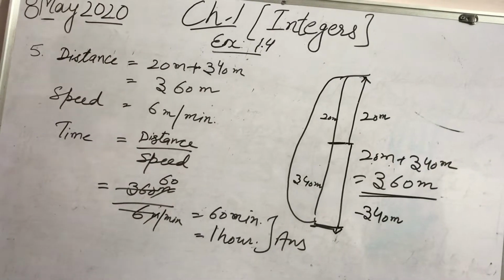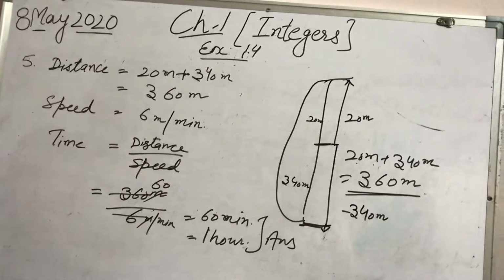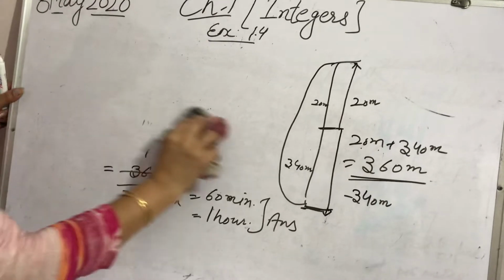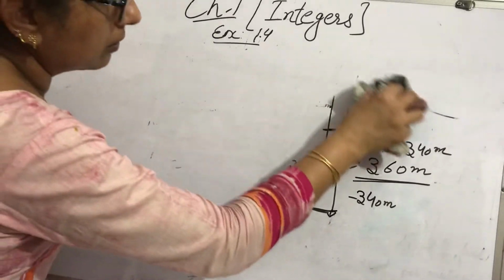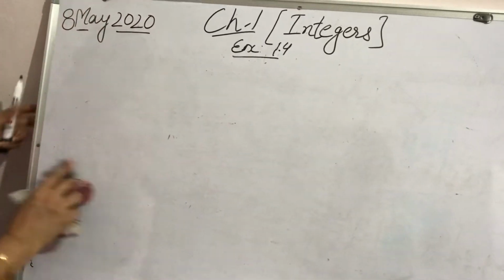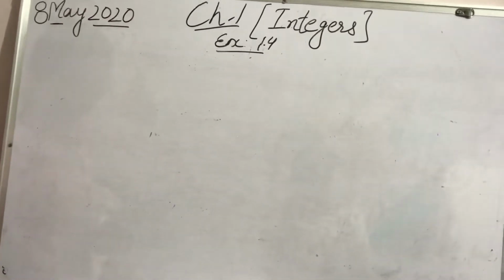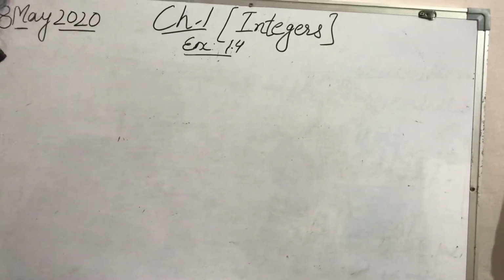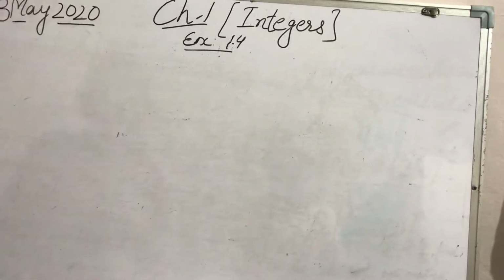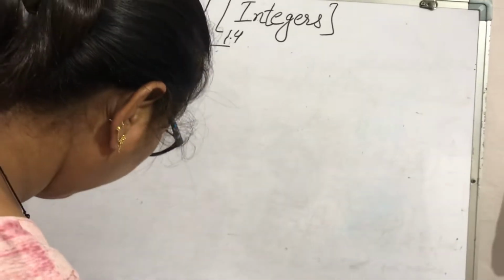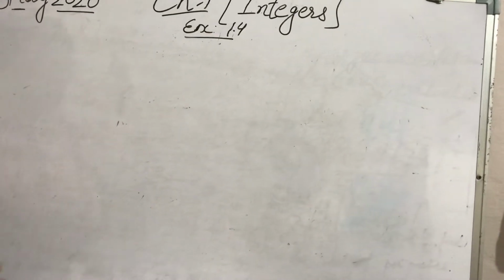So next, question number 6. Sixth question. Rajan had rupees 6,000 in his bank account on a particular day, and a week later he deposited rupees 1,500, and next day he had to withdraw 1/3 of his total balance.